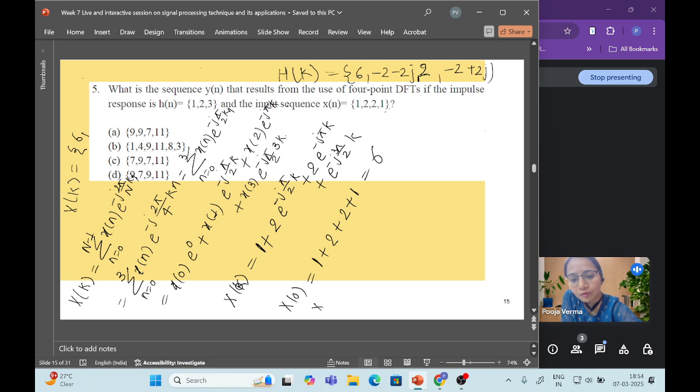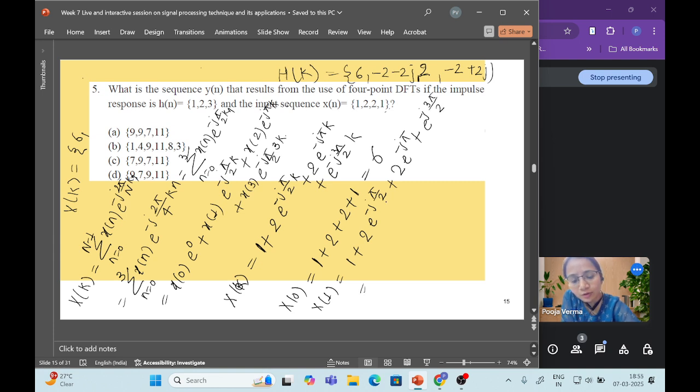So now we will find out x of 1. So x of 1 will be 1 plus 2 e to the power minus j pi by 2 plus 2 e to the power minus j pi plus e to the power minus j 3 pi by 2.